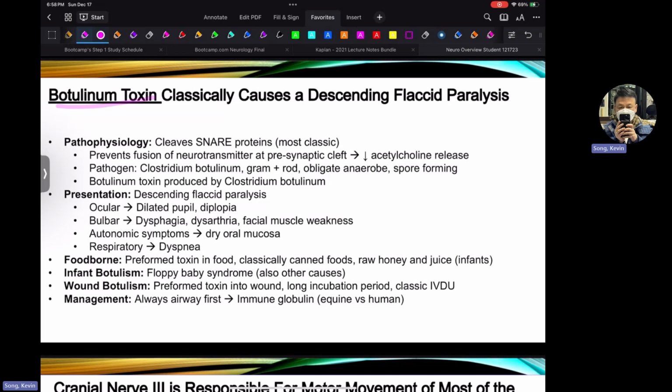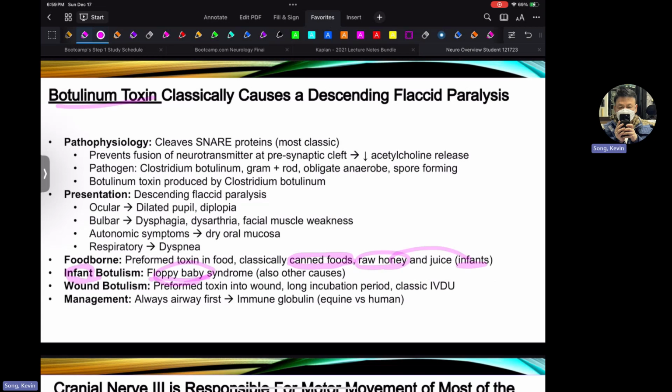Okay. Botulism: all you need to know here is that in infants it's fluffy baby syndrome. Okay. Also the canned food, and raw honey for the infant. Because infants have low immune systems, and gut bacteria cannot kill the botulism toxin.